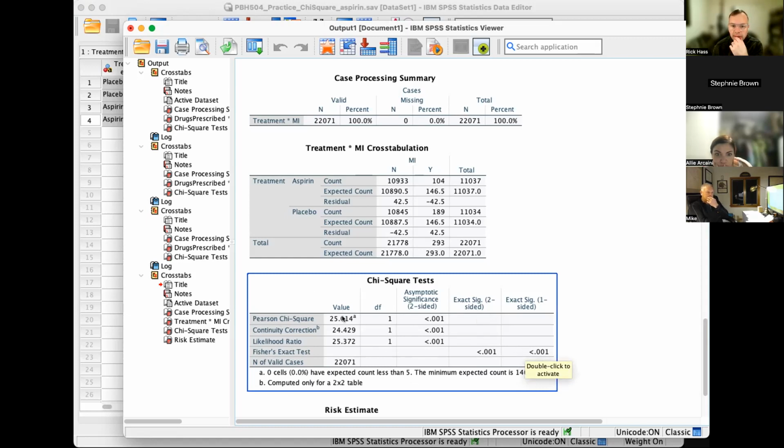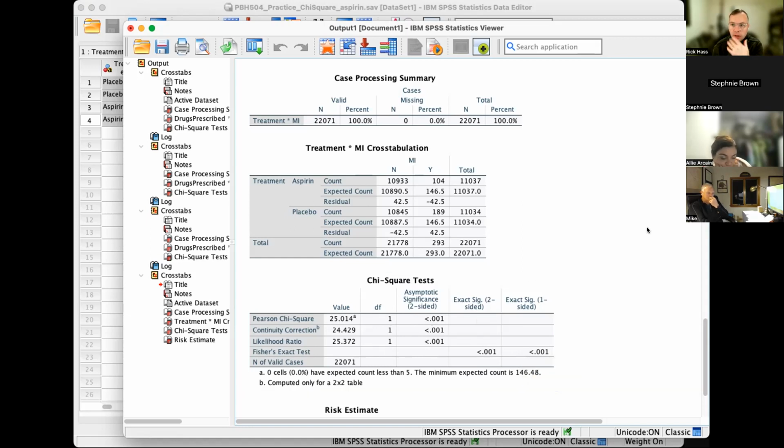So we see our chi-square is 25.014, degrees of freedom of 1, p-value of less than 0.05, it's less than 0.001. So this would be evidence against the null, evidence for an association, or for a difference in risk of heart attack between the aspirin and placebo group.